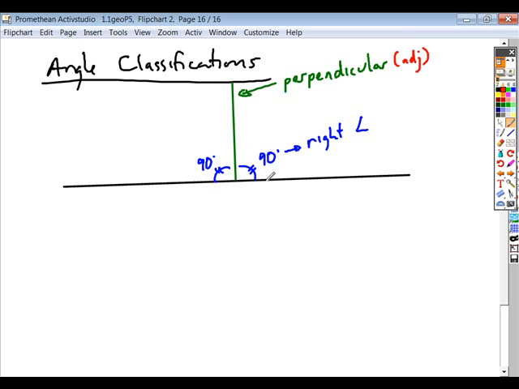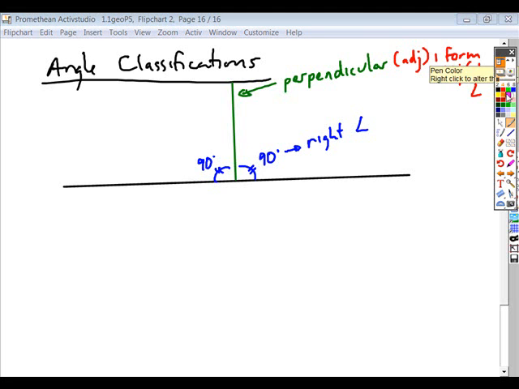So you could say that these two lines are perpendicular if you're using the adjective. It just means you're forming 90 degrees or a right angle.